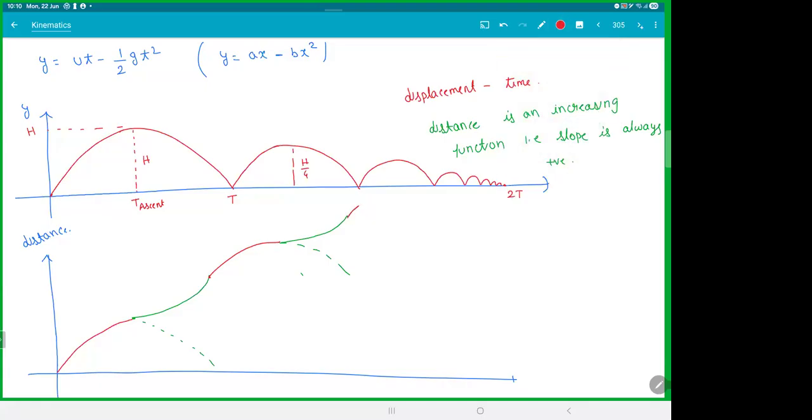Then we'll flip it up, and so on. So you have to keep flipping the parts which are decreasing. Anything that is trying to curve down, push it up. Is this clear, everyone? Distance time graph. First you have to draw the displacement time graph, and then you have to put it there.